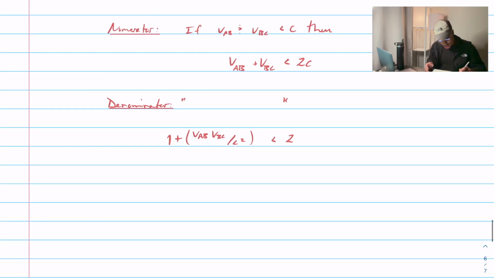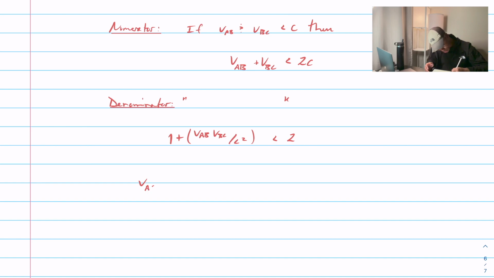So then looking at the expression in total, we have V_AC equals V_AB plus V_BC, over 1 plus V_AB V_BC over c squared.